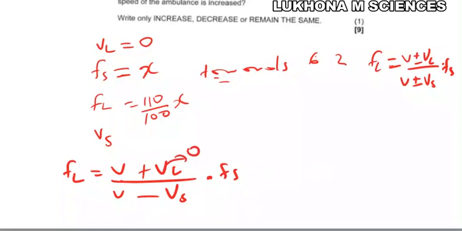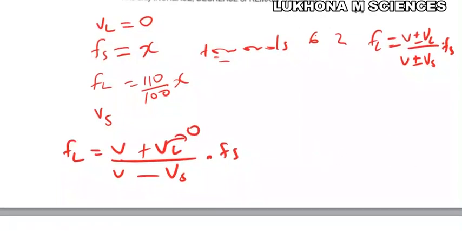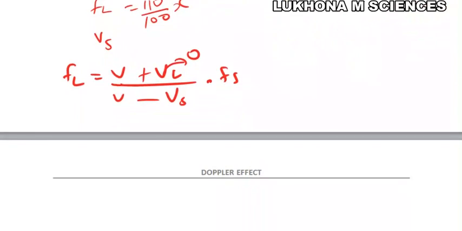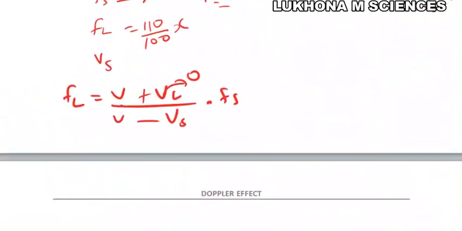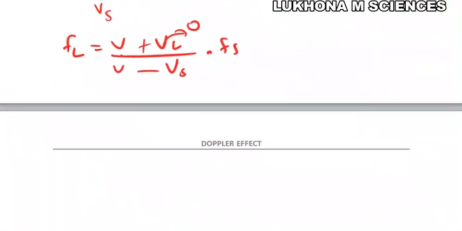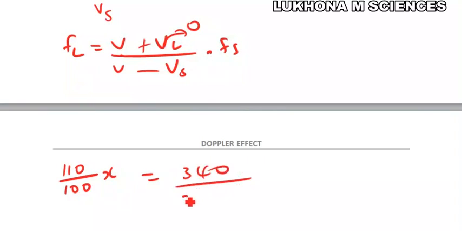Now, let's substitute. Fs is X, FL is 1/10% of X. So we have 1/10% of X equal to 340 divided by 340 minus Vs, times X. Then we divide by X on both sides, so X is out.